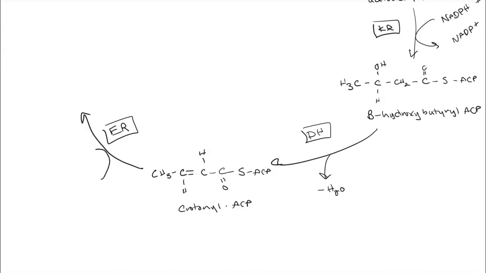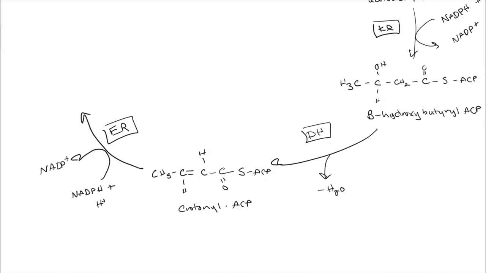and get our NADPH plus our proton going to NADP plus. And what this is going to do is get our reduction of the double bond to a single bond.